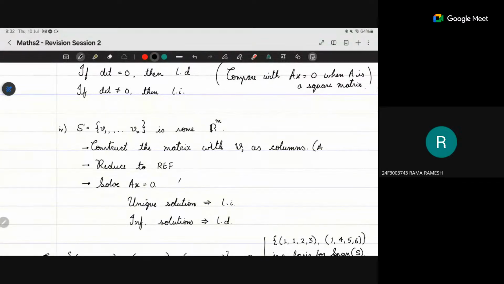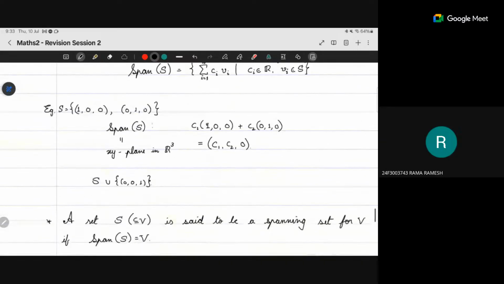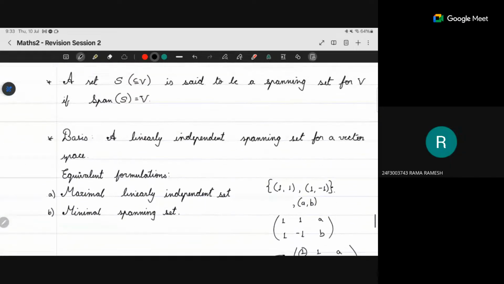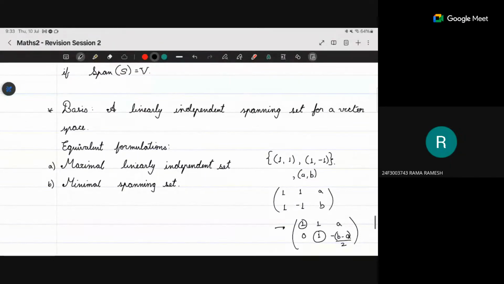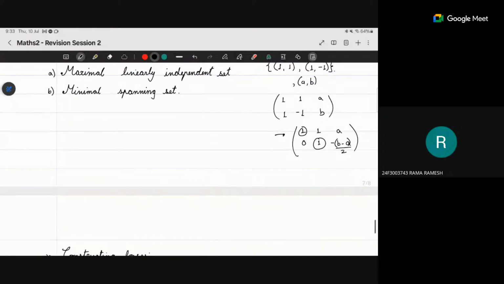This A is m cross n. If I have n vectors in Rm, this would be m cross n, which means that there are n variables. And in this case, what is that n? n is 3. We have three vectors, so we have three variables, x, y, z. Is that okay?